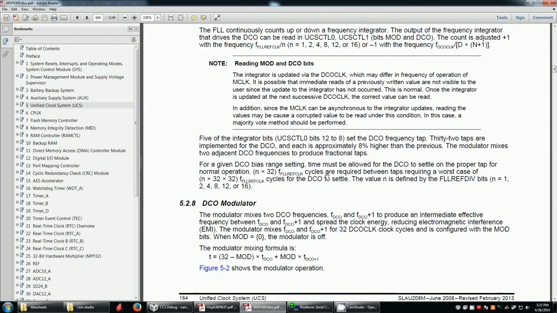Okay, here it is. And so, again, reading through the data sheet is the most important thing, but read through this. And it says, required between taps. So worst case, that many cycles for the DCO to settle. And so, when you reconfigure the DCO clock system, you want a delay of that much to let it settle.